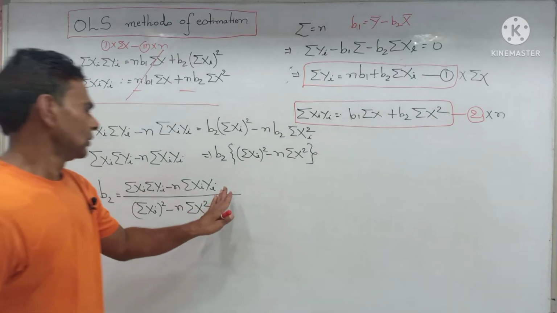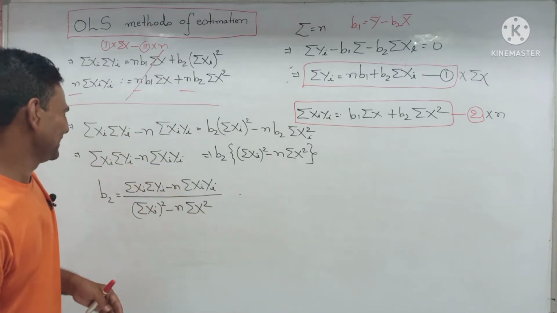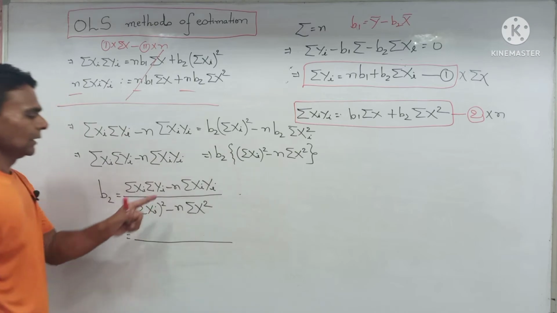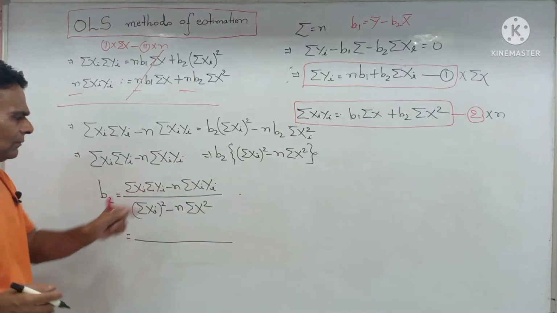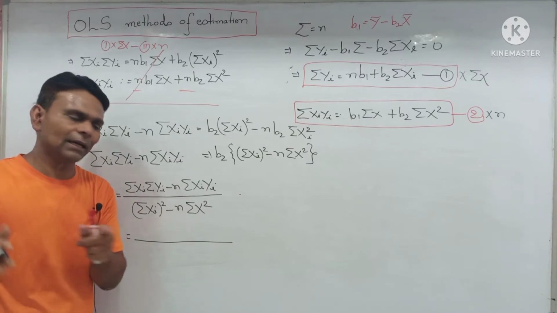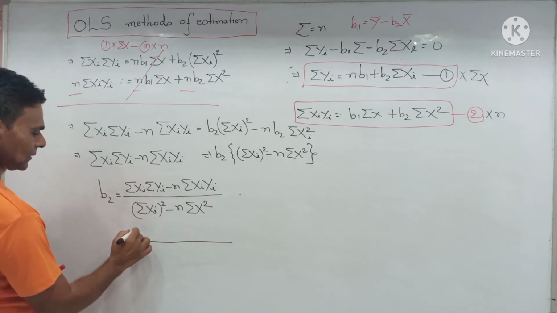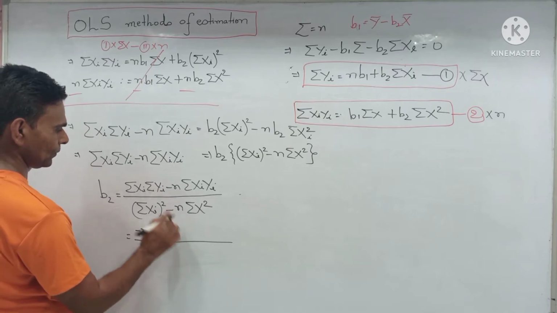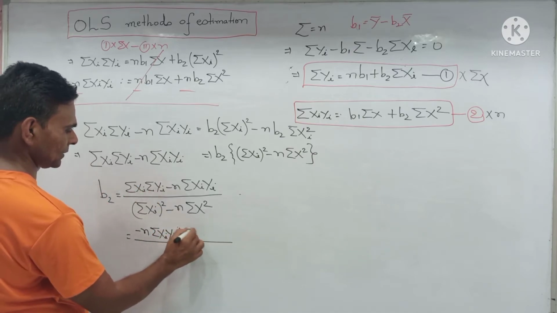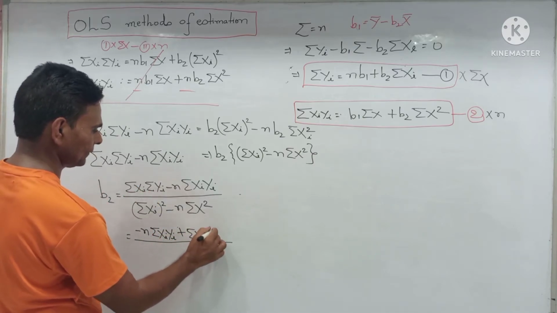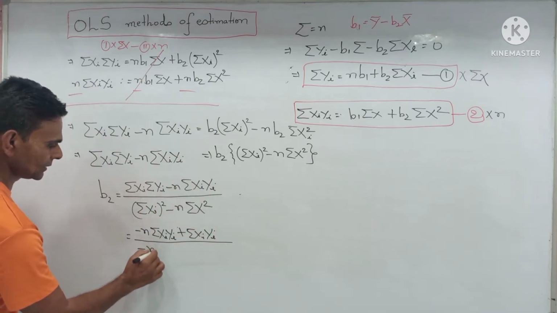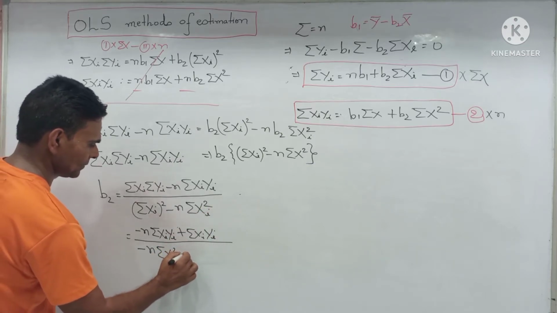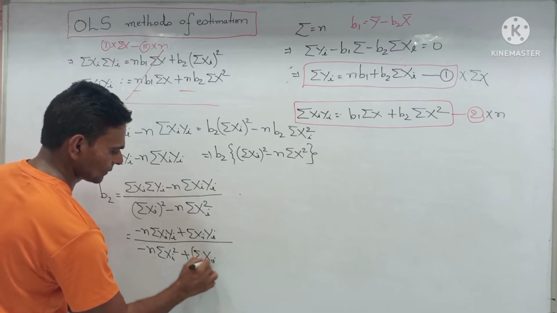Now a little rearrangement is needed here. Putting the n summation of xi yi term first, it becomes positive, and likewise minus n summation of xi square plus summation of xi whole square.